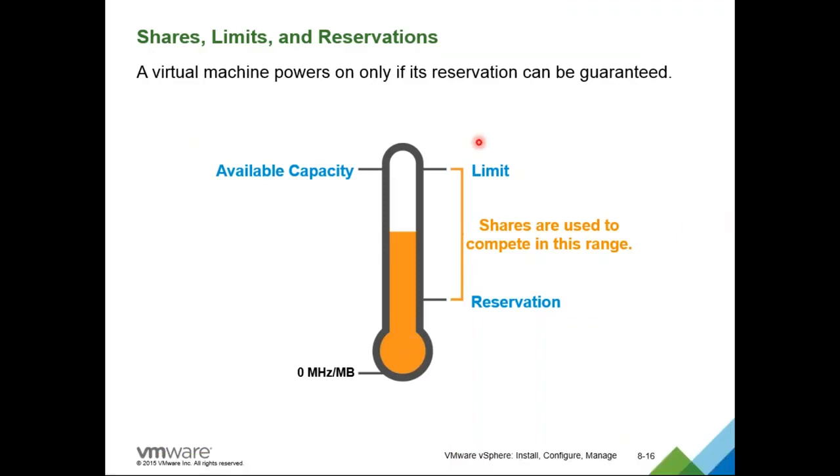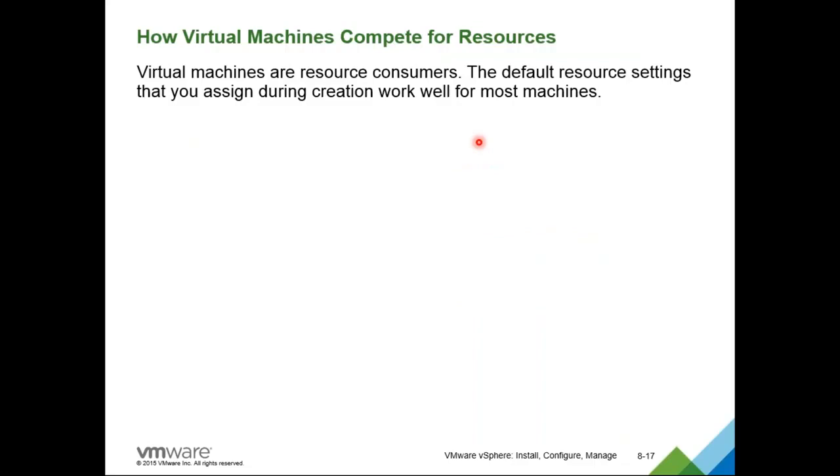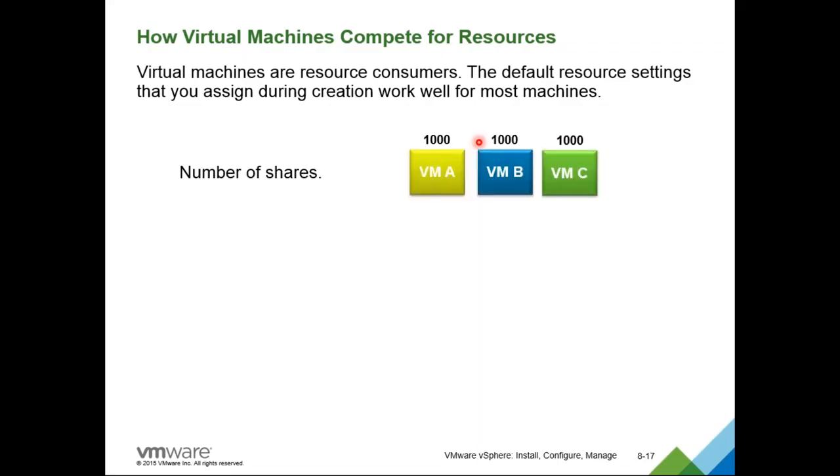I'm moving to the next slide. How virtual machines compete for resources, how they acquire them. We can see that. So in the first diagram, it represents the number of shares for each VM.